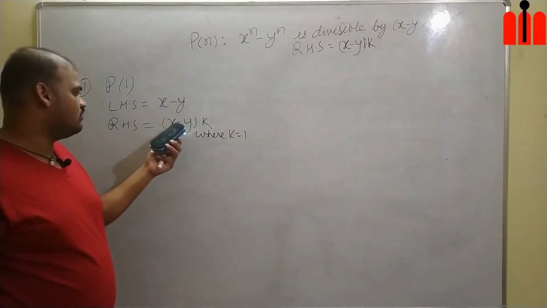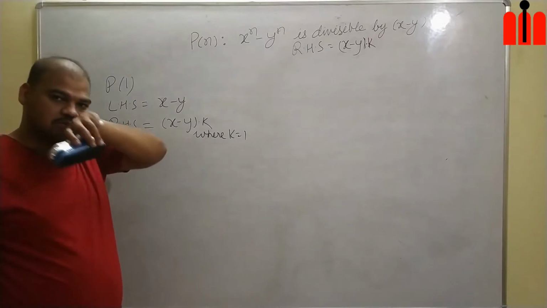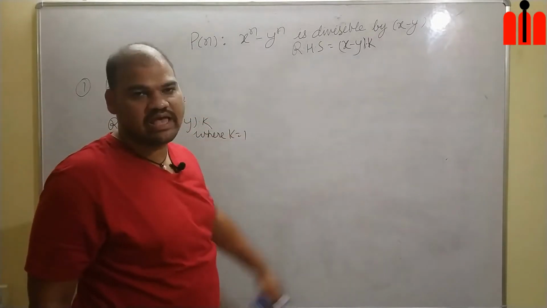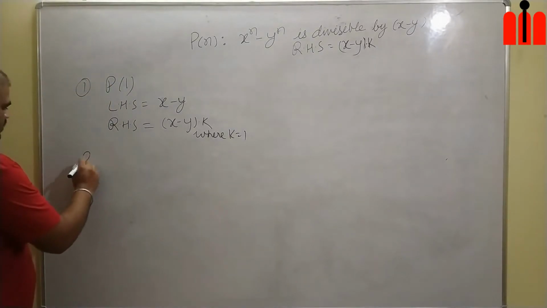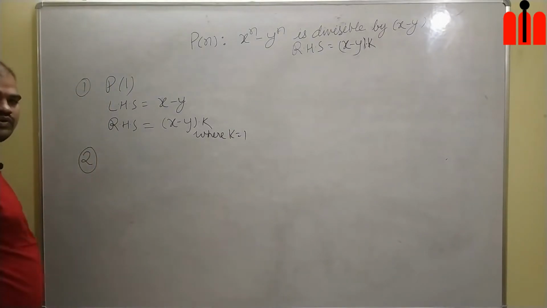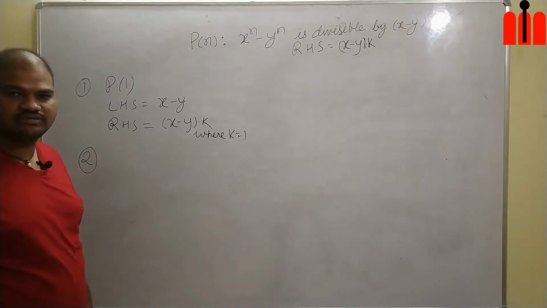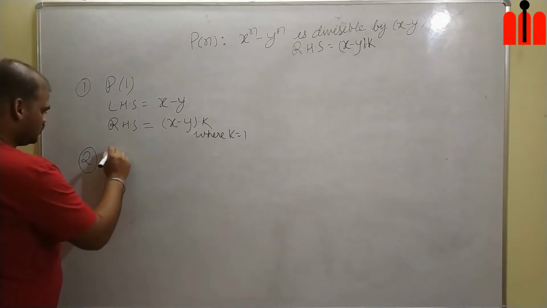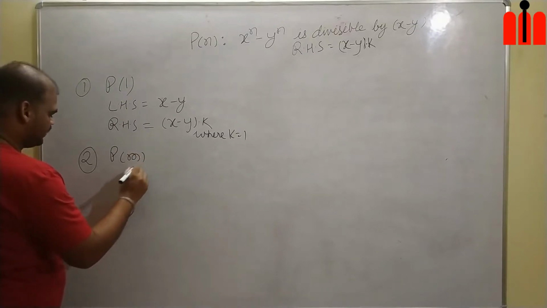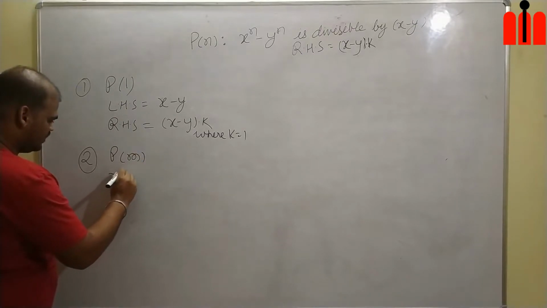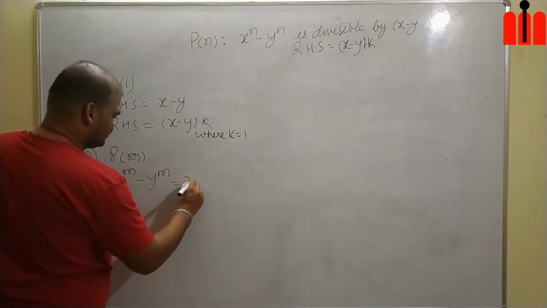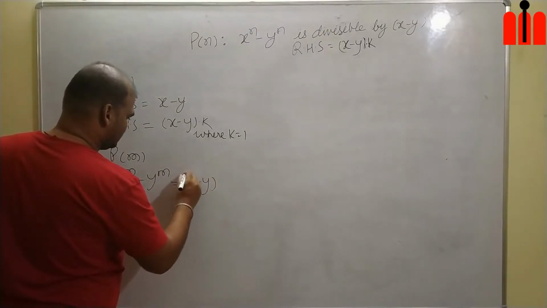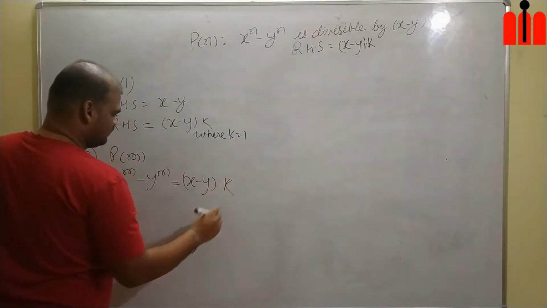If I put k equal to 1, then it will be x minus y into k. Here k is any number. Okay, chalo, move on to the next step, which is my concrete statement. So it will be my p of m. My p of m will be x to the power of m minus y to the power of m is equal to x minus y into k.